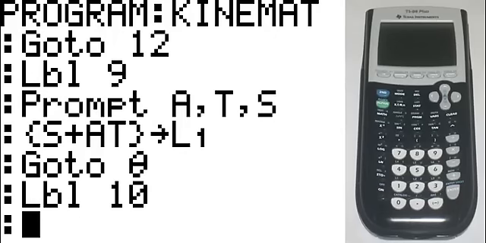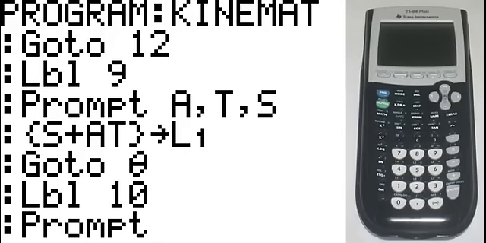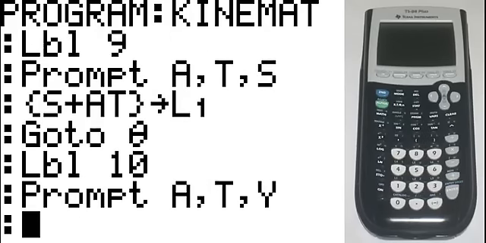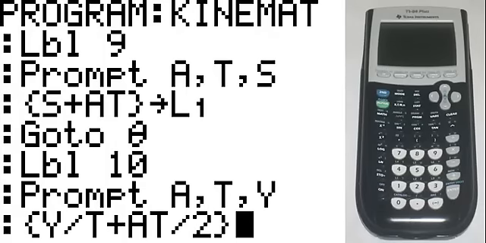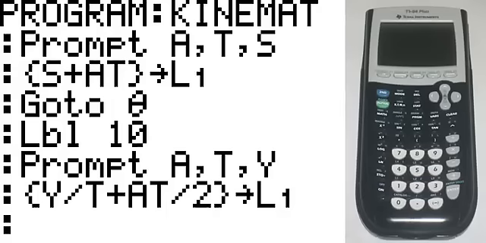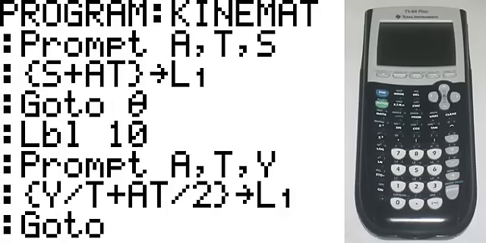Label 10. Here we're going to prompt the variables a, t, y. In squiggled parentheses, y divided by t plus at divided by 2, end the squiggled parentheses. That goes to L1. Go to theta.